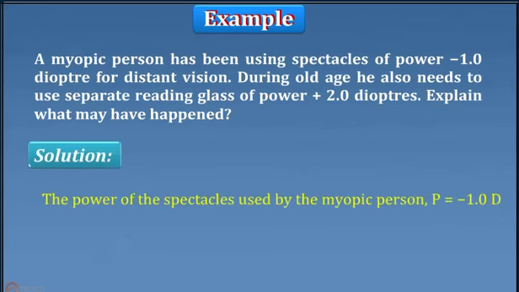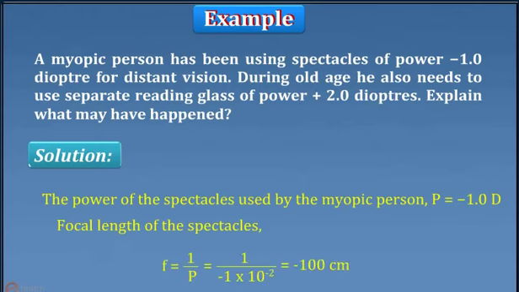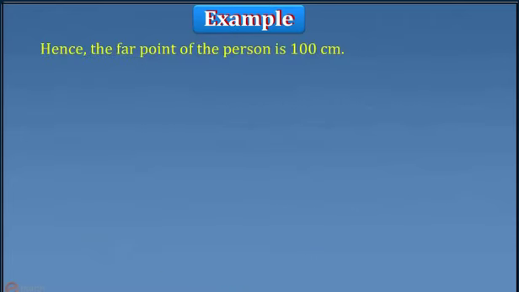The power of the spectacles used by the myopic person is -1 diopter. Let us calculate the focal length of the spectacles. Focal length f equals -100 centimeters. Hence, the far point of the person is 100 centimeters. He might have a normal near point of 25 centimeters.